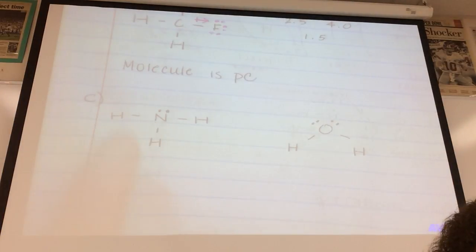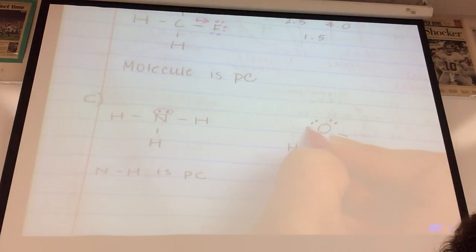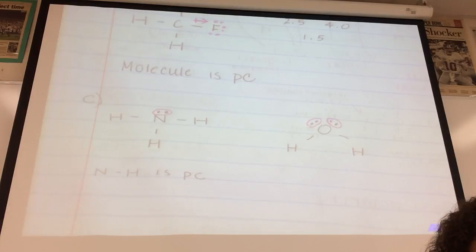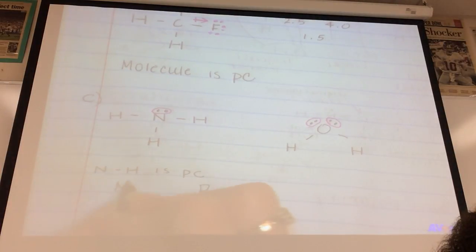I will tell you that an N to H bond, and you can test it, is polar covalent. But it doesn't even matter. The presence of a lone pair, or if you have a bent structure, makes for a polar covalent molecule.